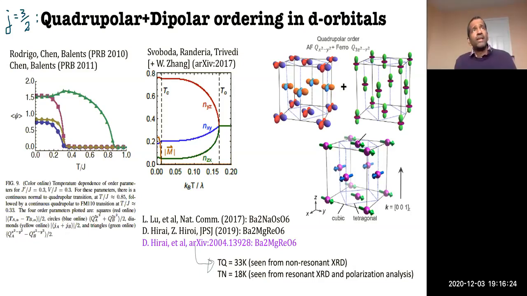Right. So for d electrons, this is the claim that I've heard, right? I think spin-orbit coupling partly alleviates the problem; you tend to prefer somewhat more symmetric things.